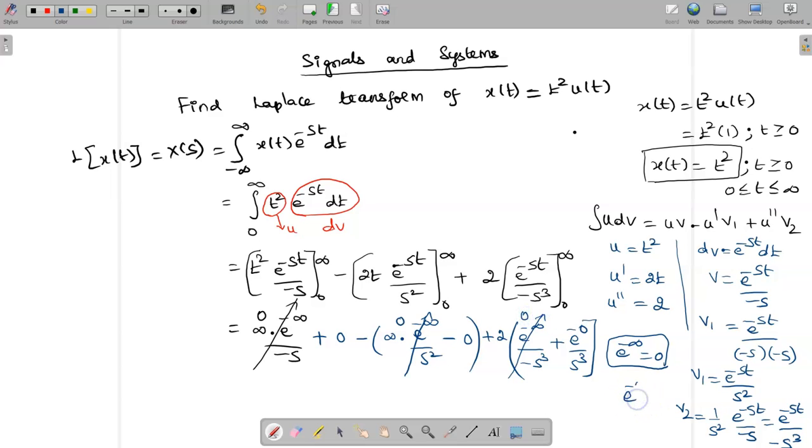Okay, e power minus 0 is nothing but 1. Okay, so this term becomes 1. So only that term exists, so that value is nothing but 2 into 1 by s cube. Okay, so this implies the Laplace transform of t square u of t is 2 by s cube.